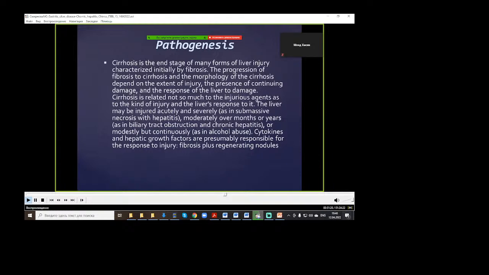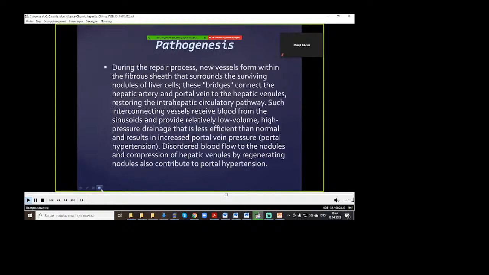Cytokines and hepatic growth factors are presumably responsible for the response to injury. So, fibrosis plus regenerating nodules. During the repair process, new vessels form within the fibrous sheath that surrounds the surviving nodules of liver cells.